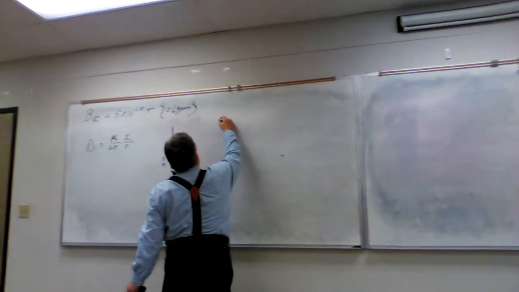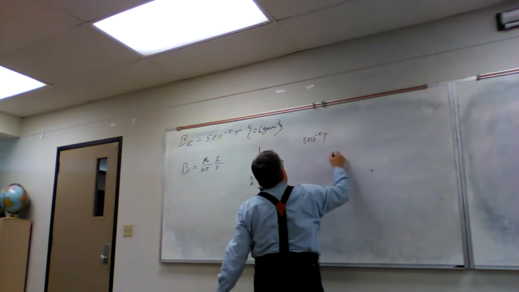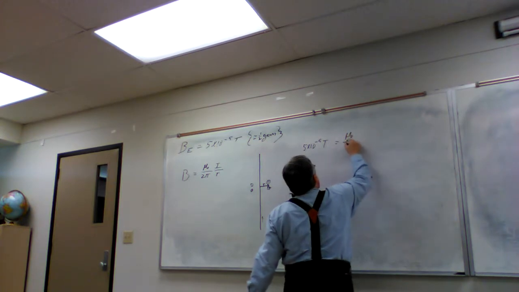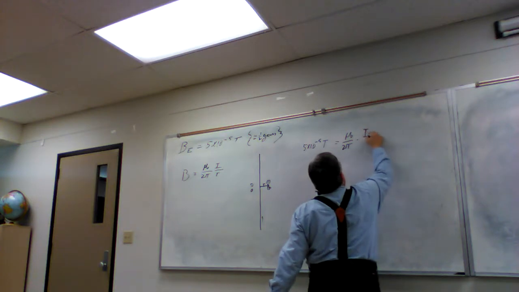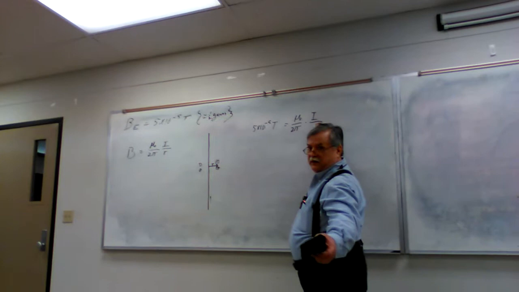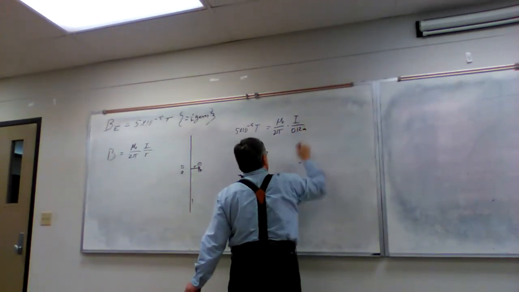So let's fill in the equation. 5 times 10 to the minus 5 Tesla is equal to mu sub naught over 2 pi times some unknown current divided by the radius of 12 centimeters or 0.12 meters.